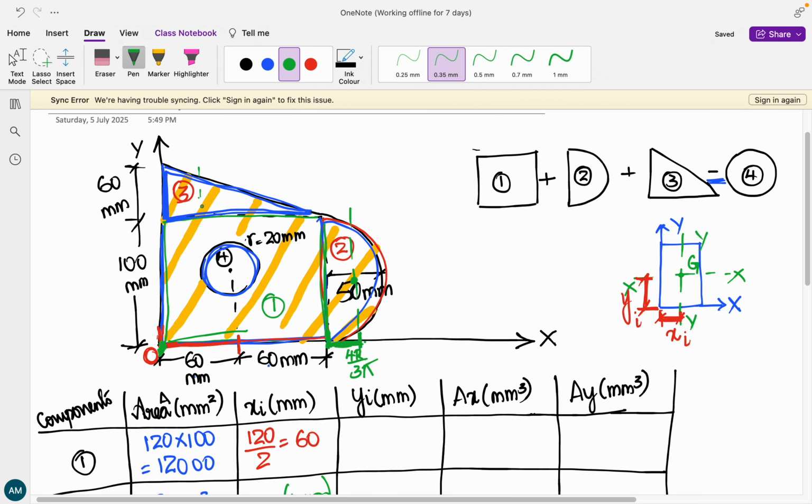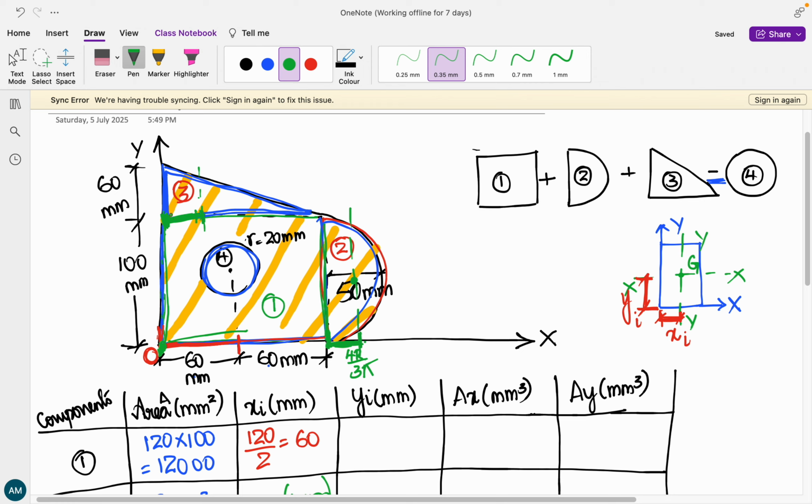The next one, that is your right angled triangle. The centroid is going to lie somewhere over here for this right angled triangle. So this is the centroid distance that we are supposed to find out. And along this particular y-axis itself, the distance from the origin, whatever we are going to calculate, is nothing but the centroid of your given right angled triangle.